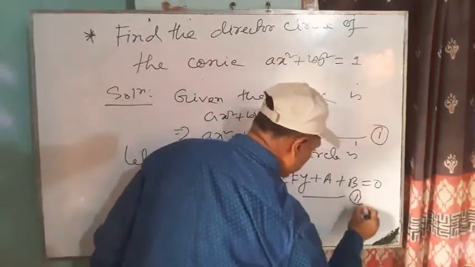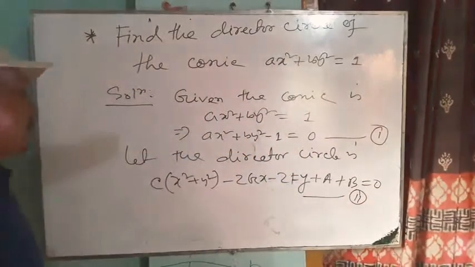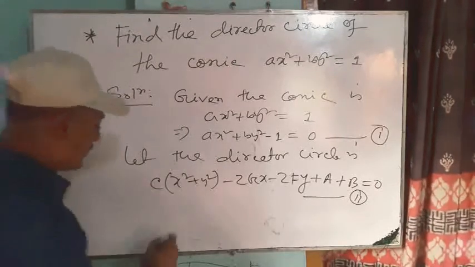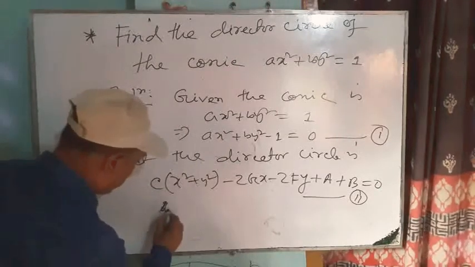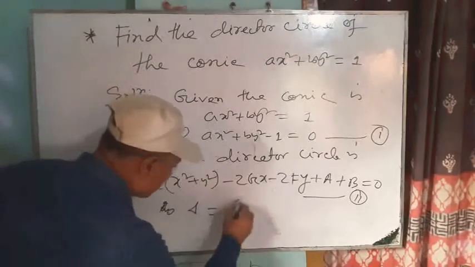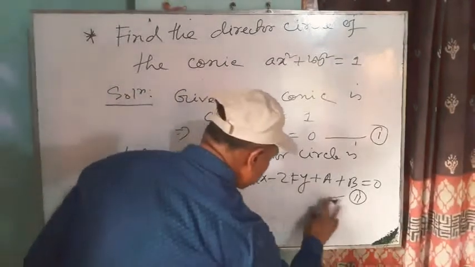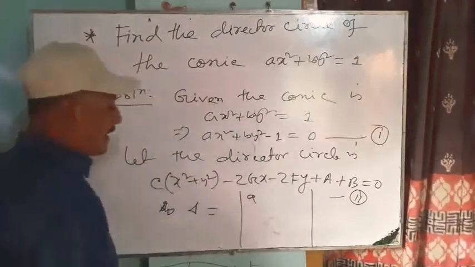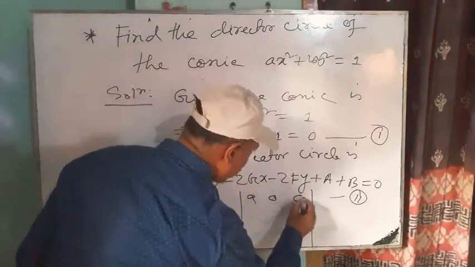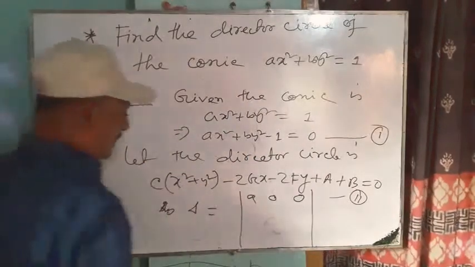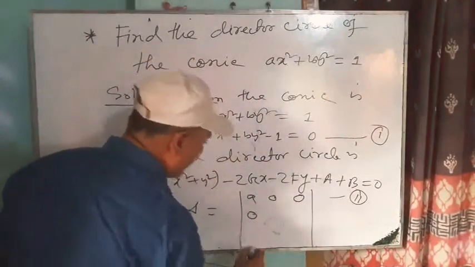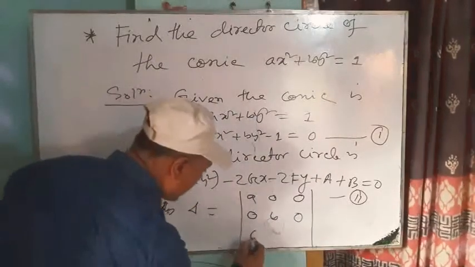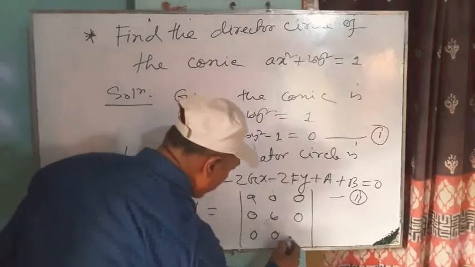And delta equals the determinant a 0 0; 0 b 0; 0 0 minus 1.